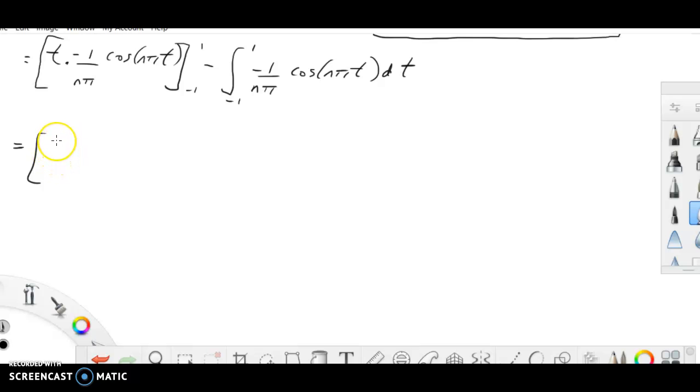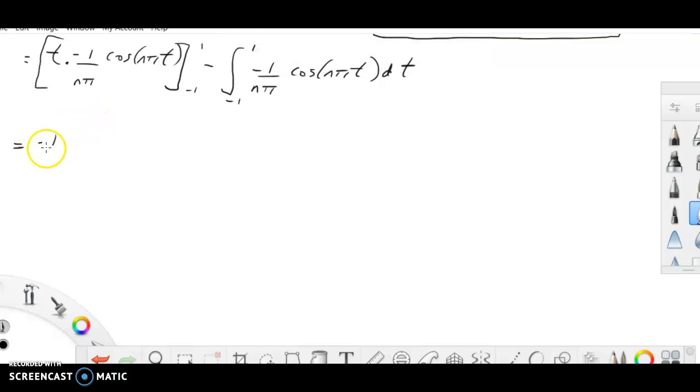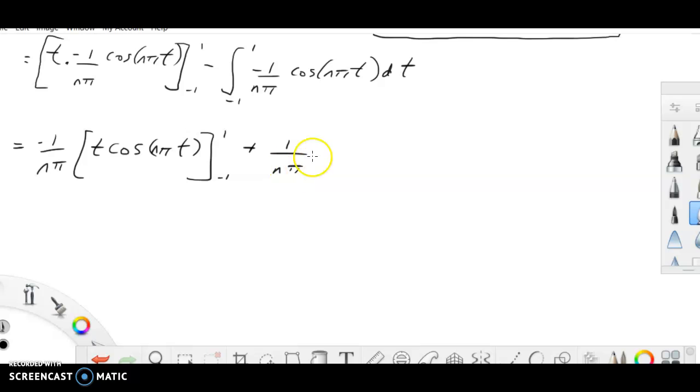Oh no, I won't apply the limits actually. Before applying the limits, I'll tidy up. I'll bring out this minus 1 over n pi, because that's constant, times t times cos n pi t. And we still have our limits. We can take out this constant actually. You see the minus comes out here, and the two minuses give us a plus. So we have 1 over n pi times this integral of cos n pi t dt.